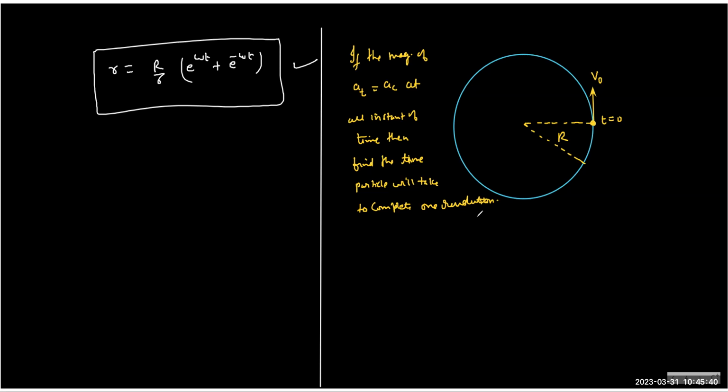So is the question clear? Yes, sir. R is given, v naught is given, you have to find the time after which you complete one revolution.